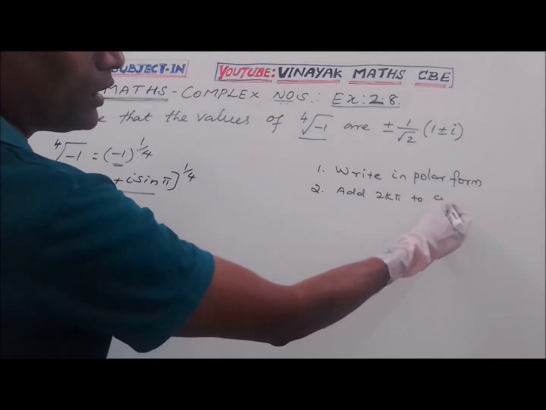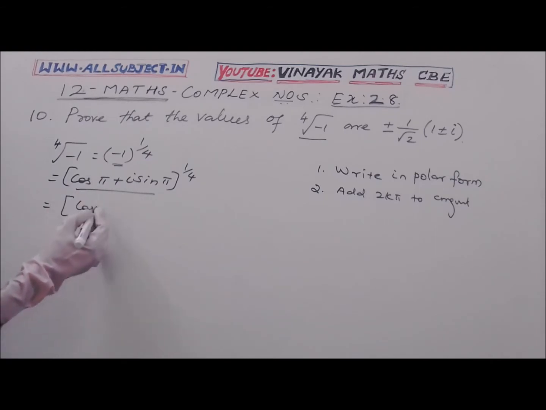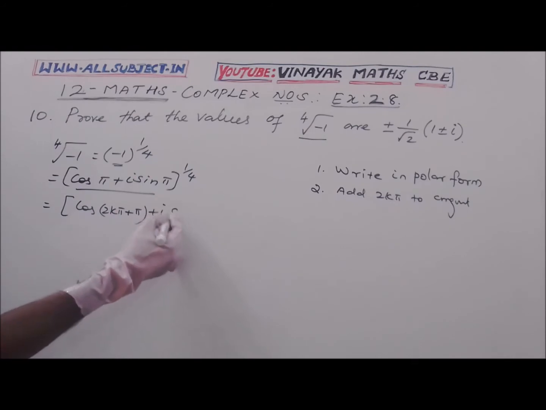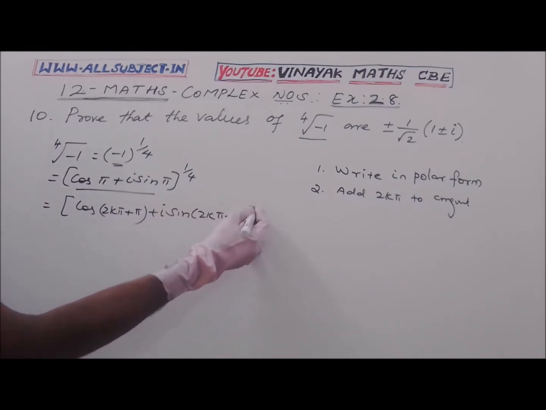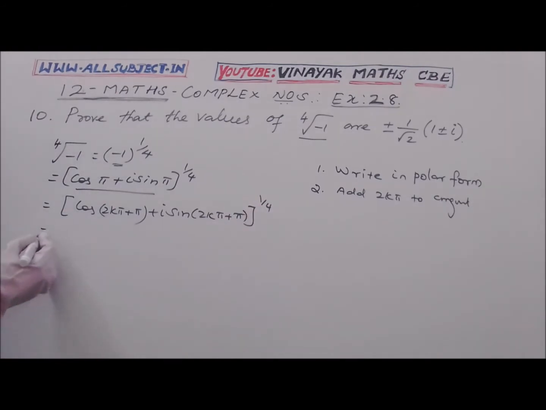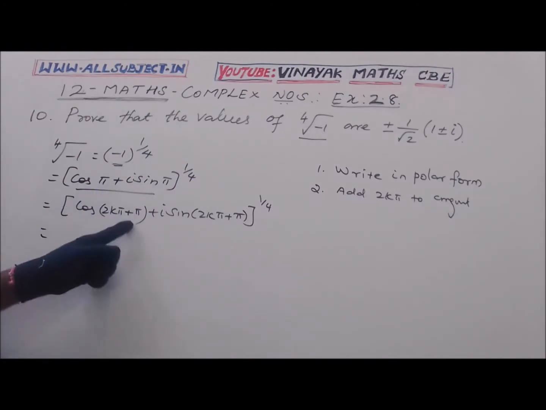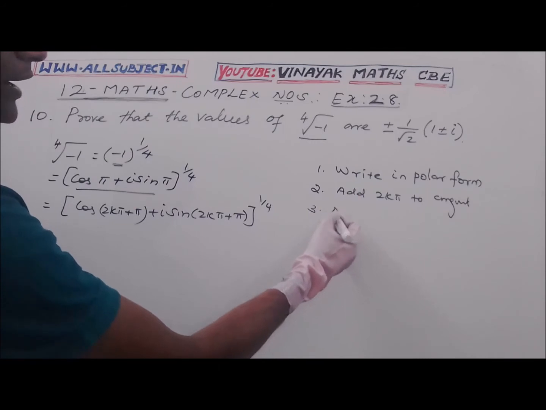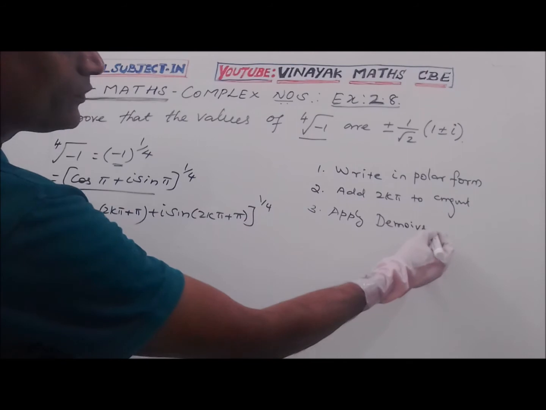The second step is to add 2k pi to the argument. So here the argument is pi. Adding 2k pi to this, we have cos of 2k pi plus pi plus i into sin of 2k pi plus pi, whole power 1 by 4. The third step is to apply De Moivre's theorem.